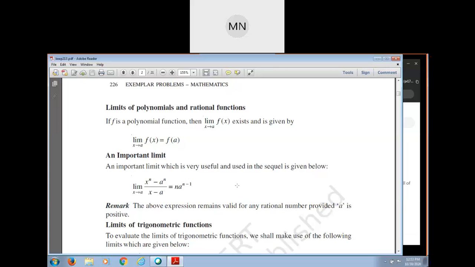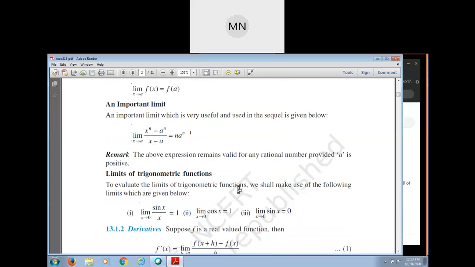Similarly, there are formulas for the trigonometric functions also. See these three formulas: the limit as x tends to 0 of sin x divided by x equals 1, the limit as x tends to 0 of cos x equals 1, and the limit as x tends to 0 of sin x equals 0. These three formulas are for the trigonometric functions, and the earlier one is for the polynomial function.